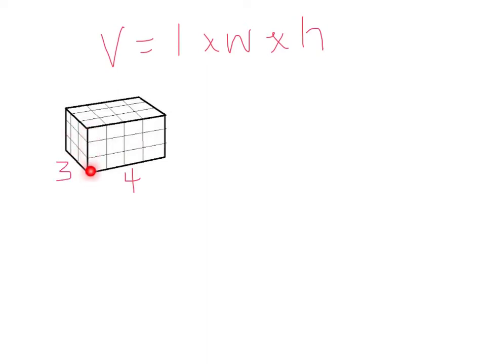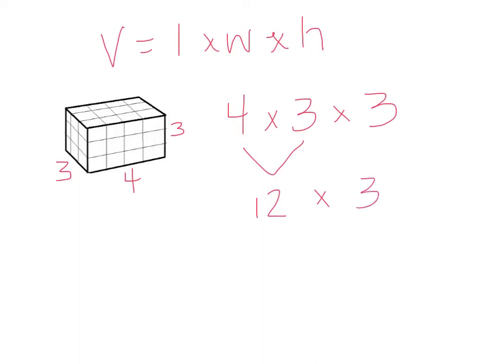Times our height, how tall it is, which is 1, 2, 3. So if I take my 4 times 3 times 3, I get 12 times 3, which equals 36. So the volume of this figure is 36.